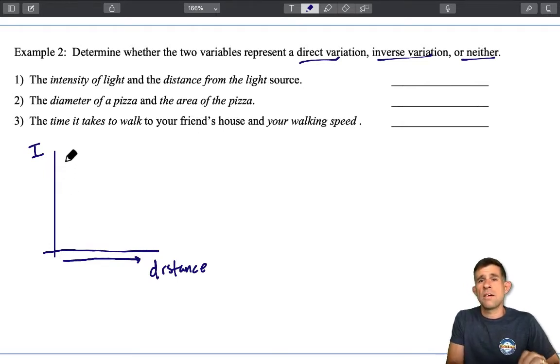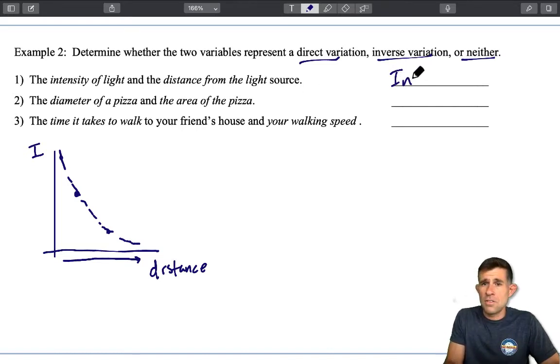The intensity of the sun when you're standing at Mars, which is closer to the sun, would be much more than the intensity of the sun when you're on Earth, which is still much more than the intensity of that light when you're standing on Saturn, which is even further from the sun. So as that distance increases, you can see that that intensity of that sun is going to decrease. So here we're going to say that this is an inverse variation.